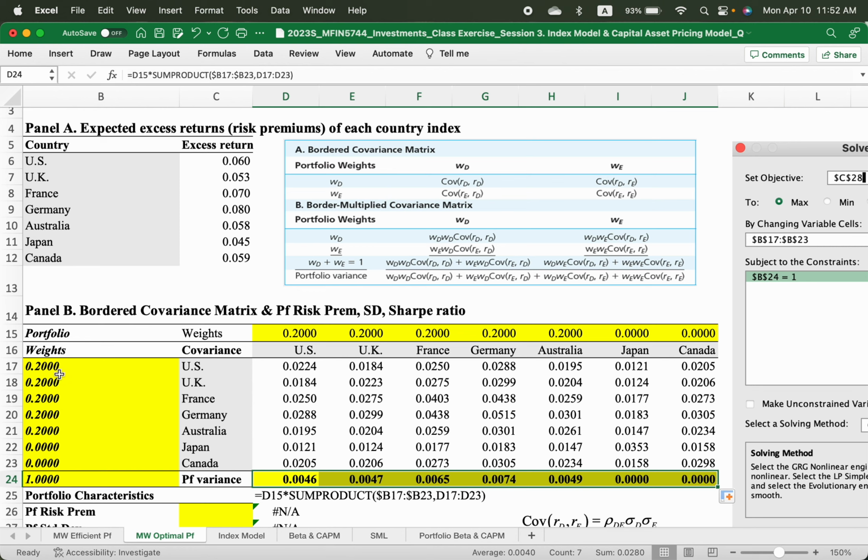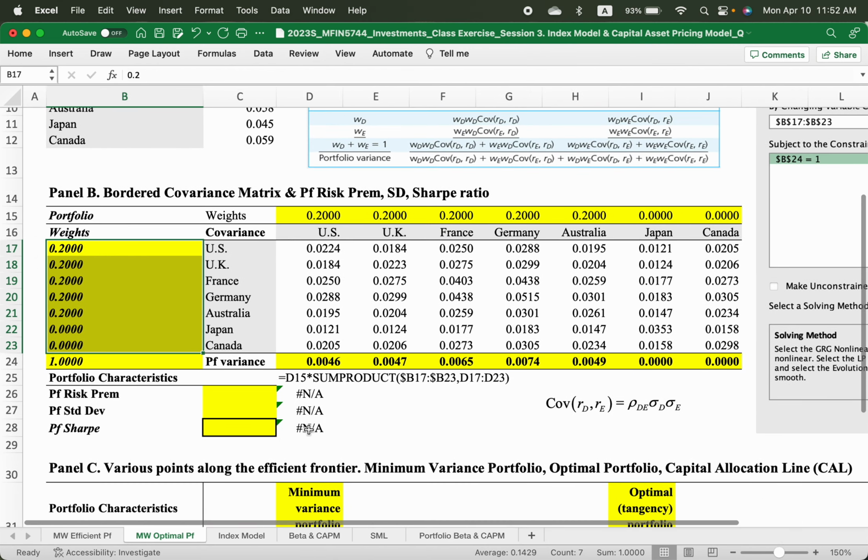Again, this is not the optimal, or even the minimum variance of the weight yet, but we need to complete this model first, and then we'll use Solver to find the minimum variance or the optimal variance. So let's go to the risk premium.